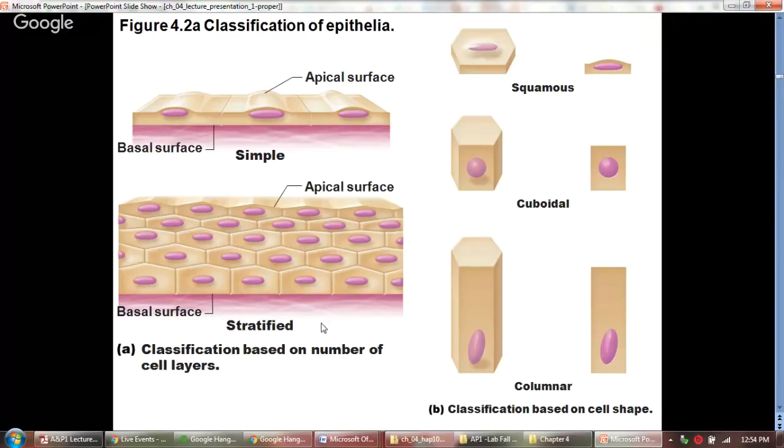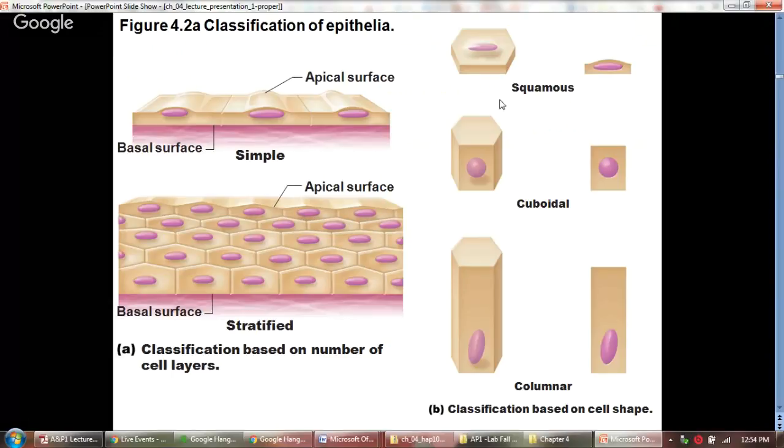In this figure you would see there are several layers. This is the first cell layer, the basal cell layer, then the second, the third, the fourth, and the fifth, and this is the apical, the top cell layer, and you would name this based on the shape of this apical cell layer.